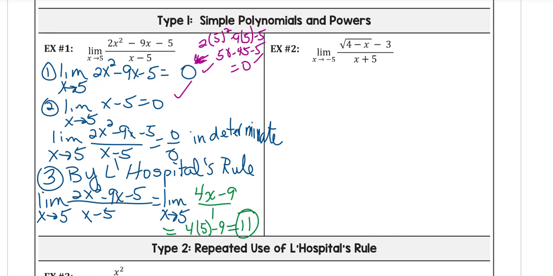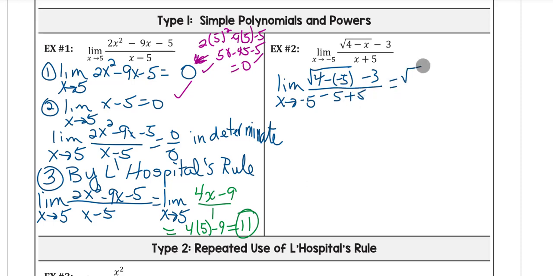So you can just go ahead and show that you're taking the limit as x approaches negative 5 in this problem of the square root of 4 minus x, minus 3, over x plus 5. So you're going to get the square root of 9 minus 3 over 0, which is 0 over 0.